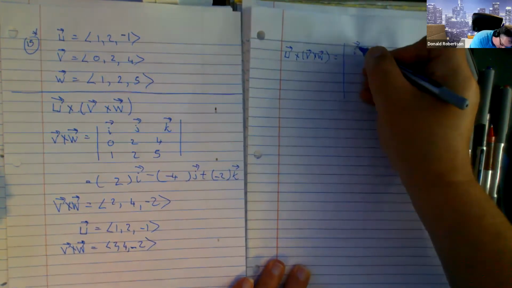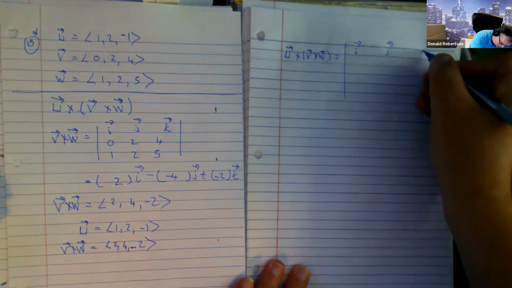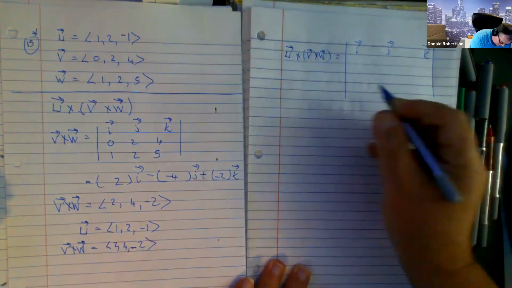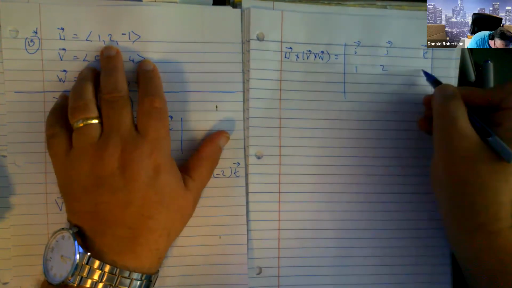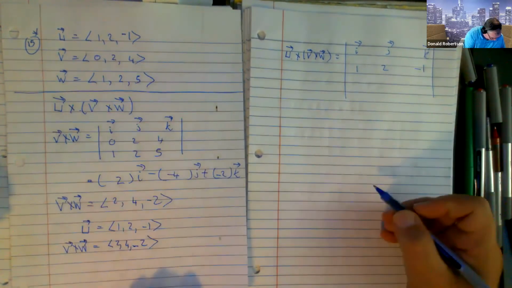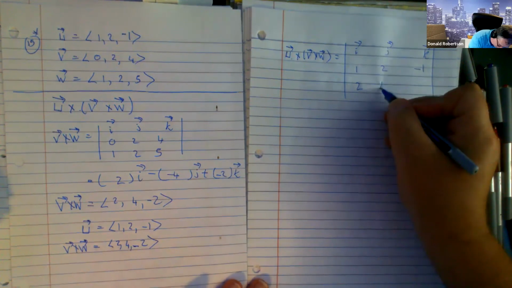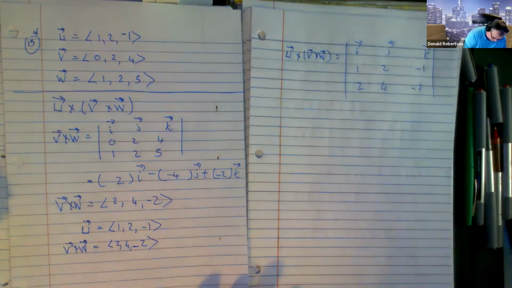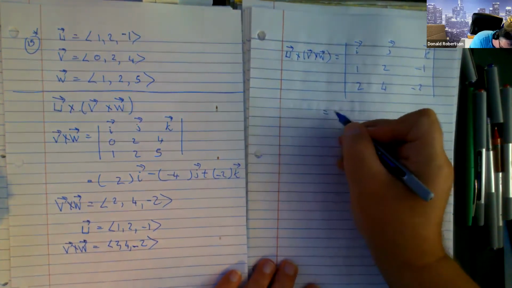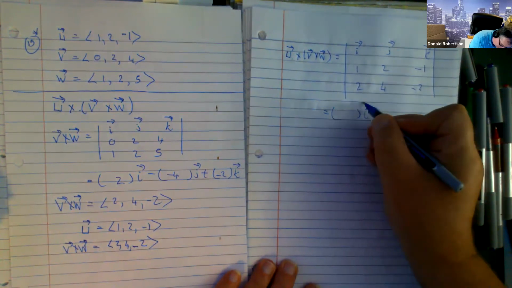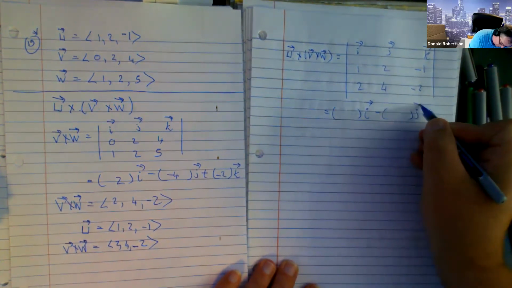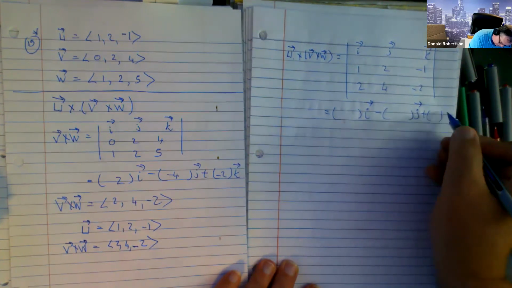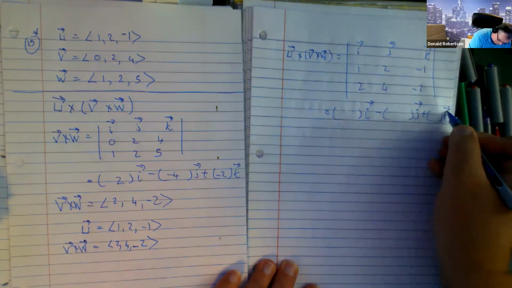You'd have an i, a j, and a k. The vector u is 1, 2, -1. The cross product is 2, 4, -2. And so it's going to be so many i's, take away so many j's, plus so many k's.